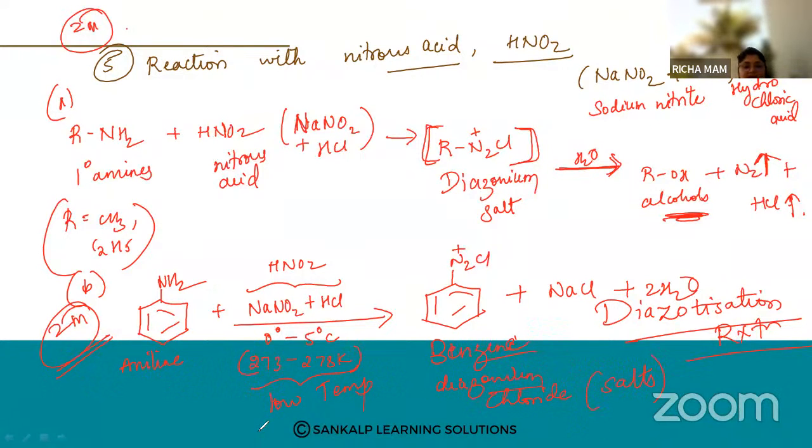We are left with some chemical properties, two to three more, that we'll be seeing in the next class. We require 2 to 3 more classes for completion of this chapter.